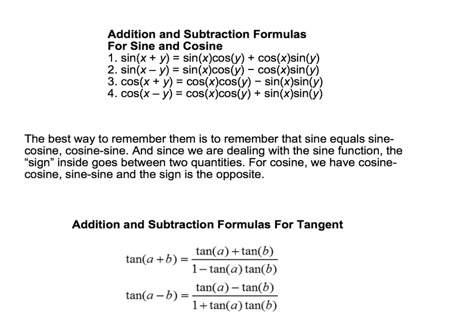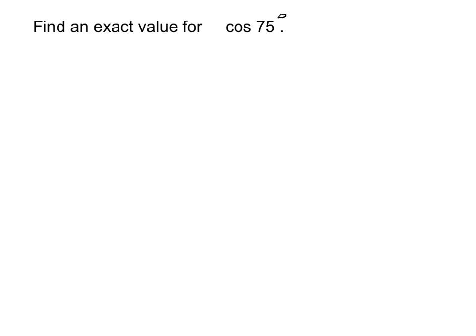So what we're going to be doing are problems like this next slide. It says find an exact value for the cosine of 75 degrees. Well, we have the ability to find exact values for angles like 30, 60, 45, 90, all the angles on our unit circle. And with the addition subtraction formulas, we can now take something like 75 degrees and write it in terms of an addition.